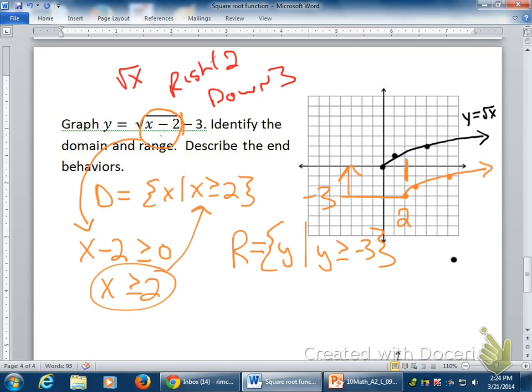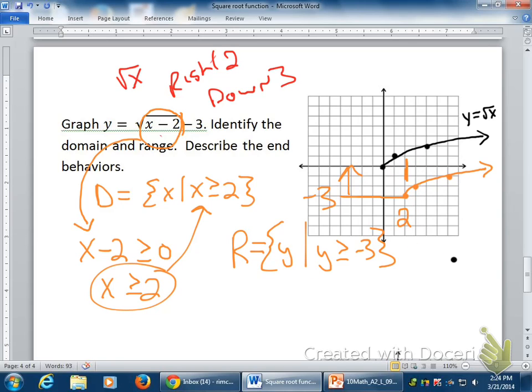By the way, if you were to go to your domain, plug this one into here, what answer do you think you'd get? Plug in your 2 that you just found from your domain. 2 minus 2 is 0. Square root of 0 is also 0. 0 minus 3 is negative 3. So see, you can actually figure these two out without ever having to graph it.